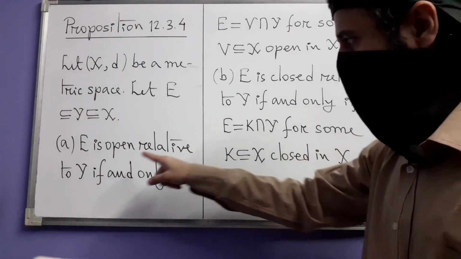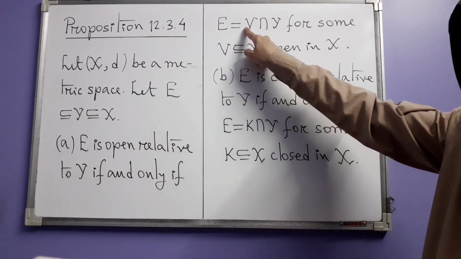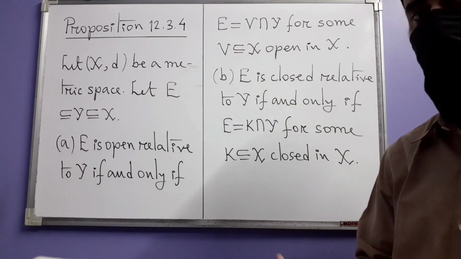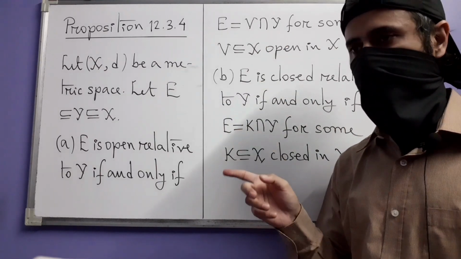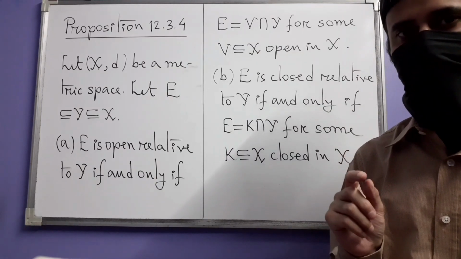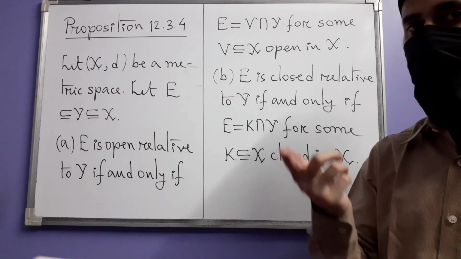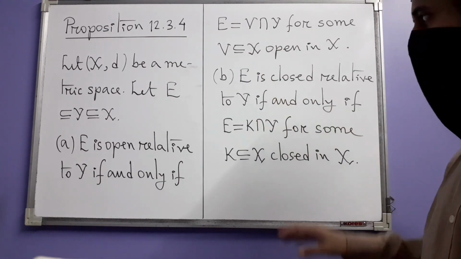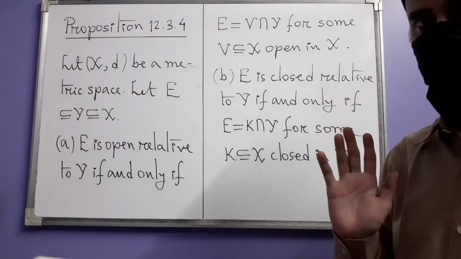So this is the criterion for openness of E in Y. E is open relative to Y if and only if E equals V intersection Y for some subset V of X which is open in X. To put it more simply, E is open relative to Y if and only if E is the intersection of Y and an open subset of X, like V. And the criterion for E to be closed relative to Y is exactly similar.